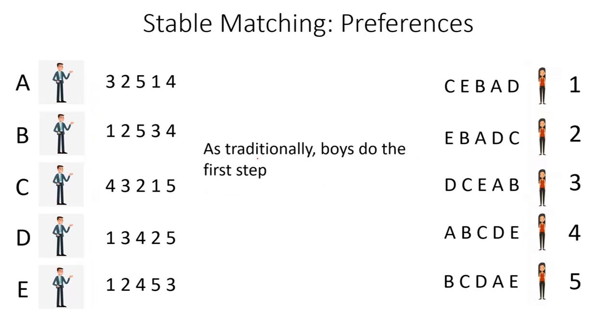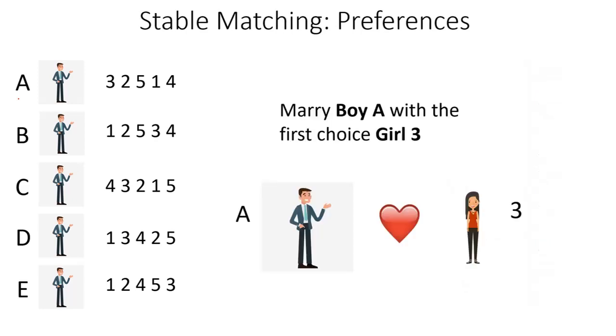Of course, traditionally boys do the first step, and we start from the first boy, boy A. The most preferable girl for boy A is girl number 3, and boy A goes to girl 3 and makes an offer. At that time, girl number 3 doesn't have any other offers, so she accepts the offer, and after that they get married.